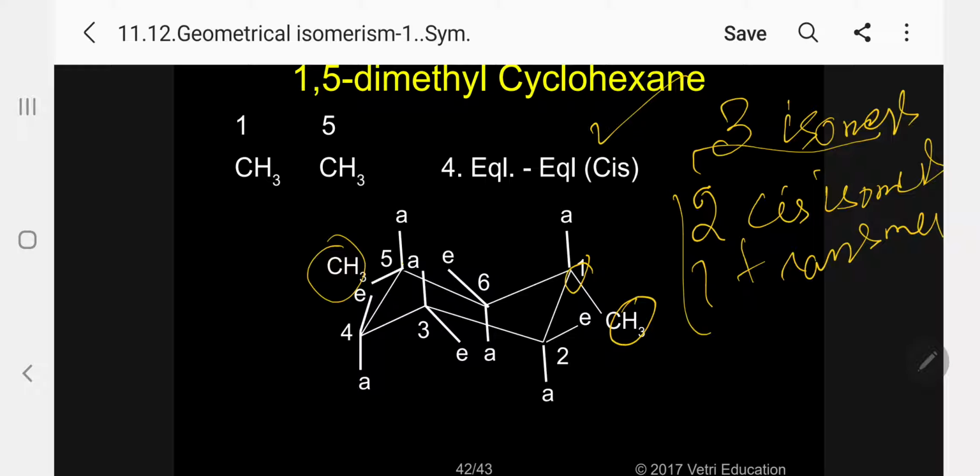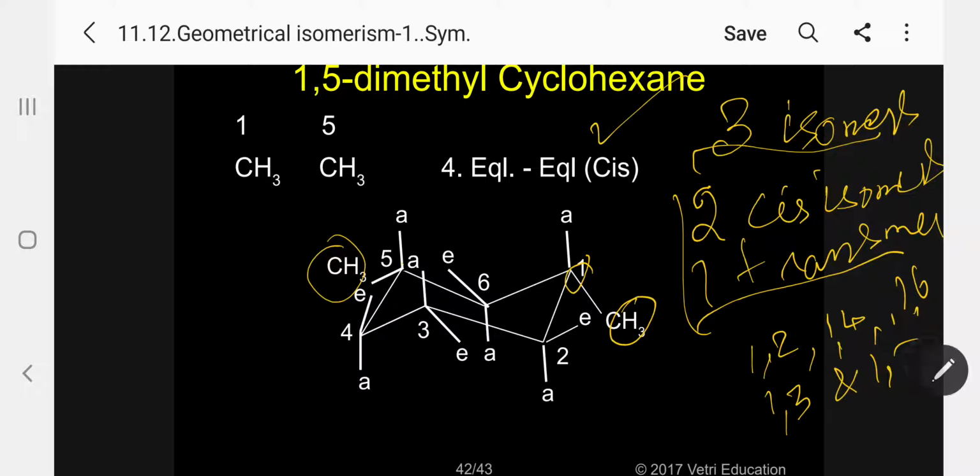So totally in dimethyl cyclohexane, only 3 isomers are possible. Kindly follow. So let me conclude now. Please follow. 1, 2, 1, 4, 1, 6 identical, 1, 3, 1, 5 identical.